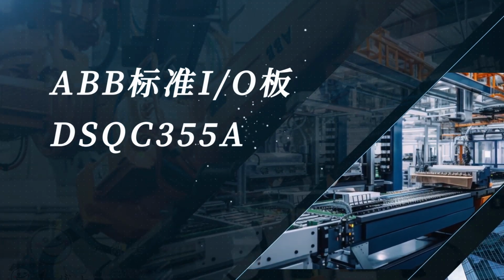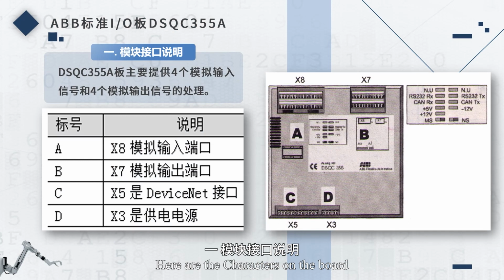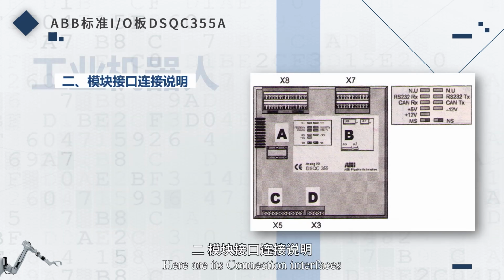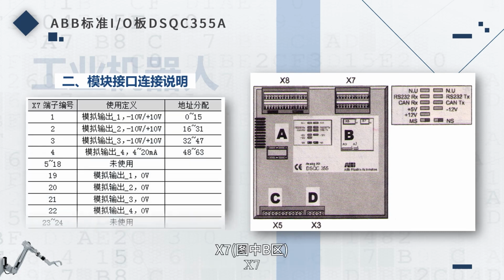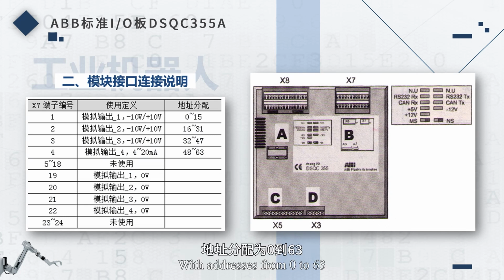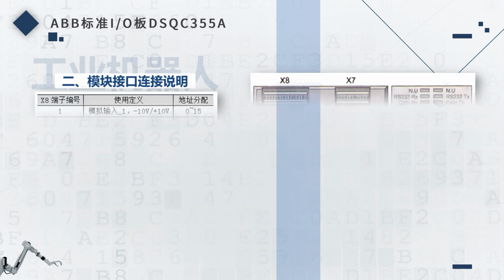Here we have DSQC355A board. Here are the characters on the board. The DSQC355A board mainly includes 4 analog input signals and 4 analog output signals, as shown in the figure. Here are its connection interfaces. X7 has 4 interfaces for analog output signals, with addresses from 0 to 63.